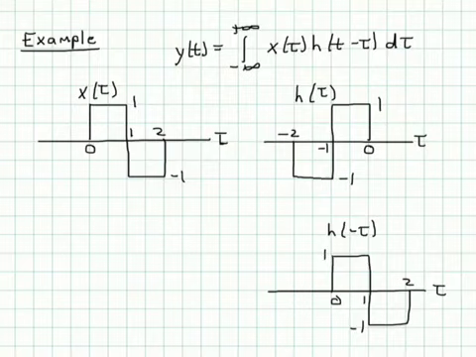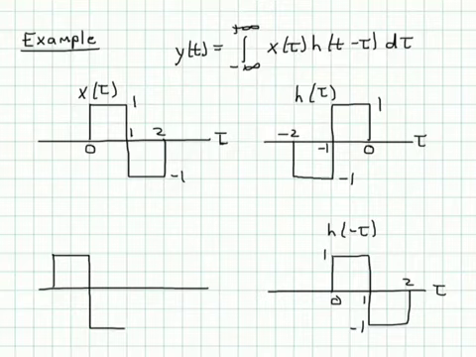Okay, now what I really need in this integral is h of t minus tau. Well, that is just a shifted version of h of minus tau, where I've taken the origin of the h of minus tau graph and shifted it to t. So let me sketch it over to the left here. I'm going to sketch h of t minus tau, and I'm just going to do it for a particular value that I choose of t.